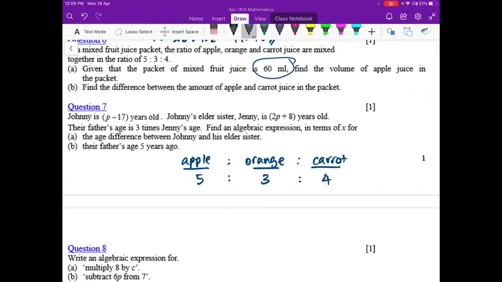Wait. Do you have any idea how much is 60 ml? What's the volume of a usual standard packet drink? Usually one packet drink, how many ml would that be?